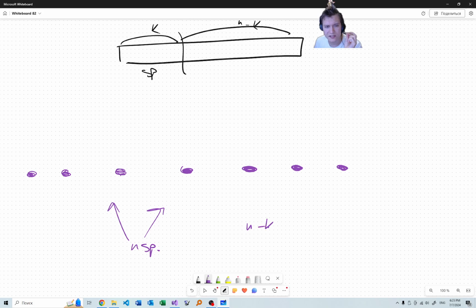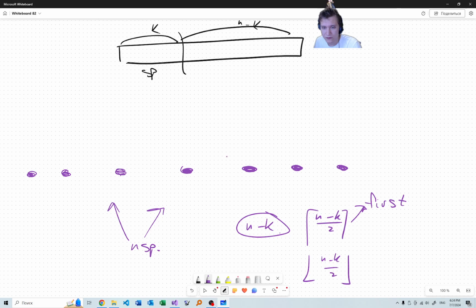And since there are n minus k of them, we have that ceiling of (n minus k) over 2 goes to the first player, and floor of (n minus k) over 2 goes to the second player.